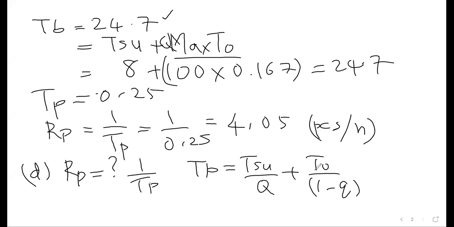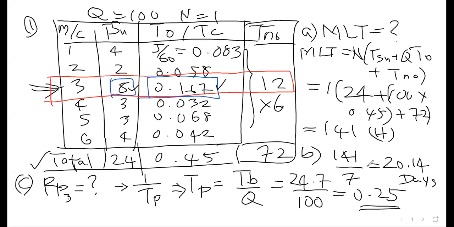So this one will be 0. So for TSU we need to use this total one again, you need to use 24. And then the operation, you need to use this one because you need to find overall for manufacturing rate. So you need to use the total one to find manufacturing average.